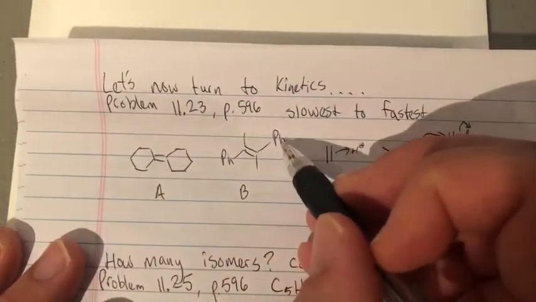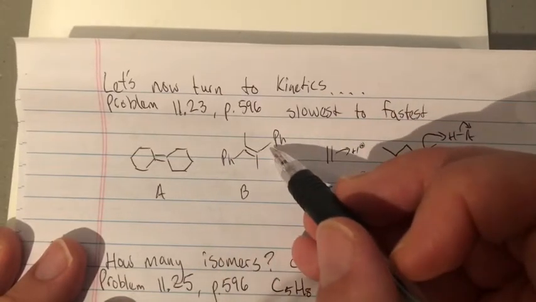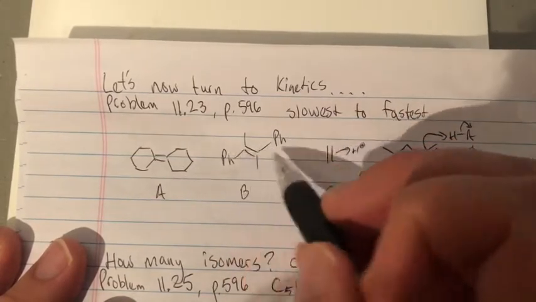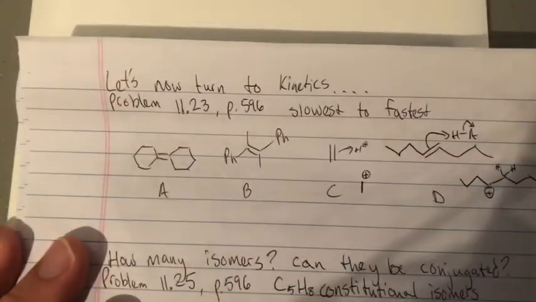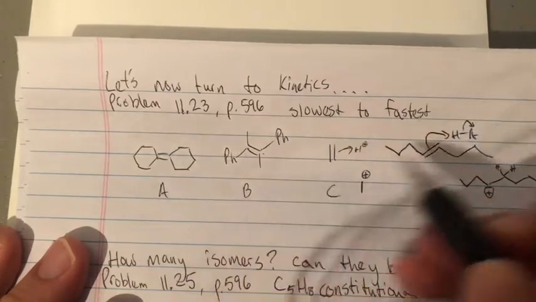Now this one is a little bit of a different story from A because it's going to be resonance stabilized if you have phenyl rings right there, and it can resonate about each ring. So this is going to be the most reactive, followed by this.